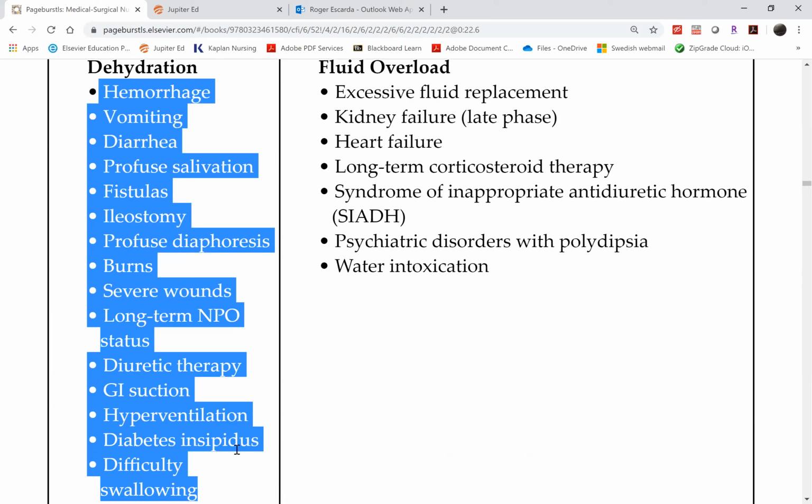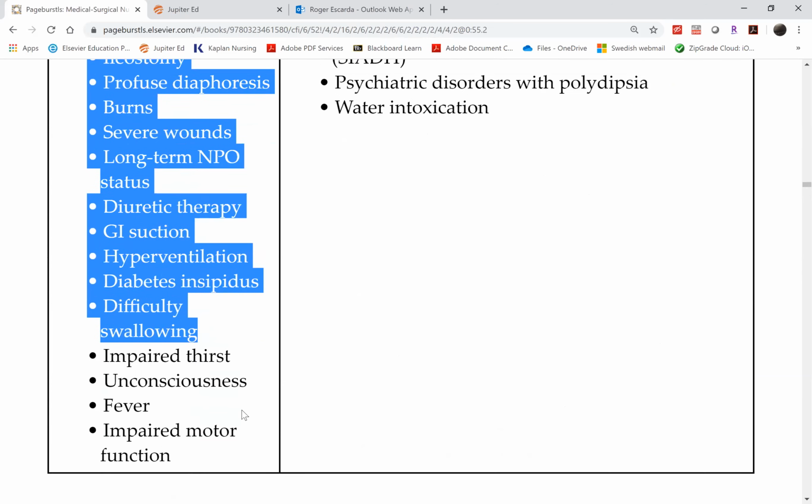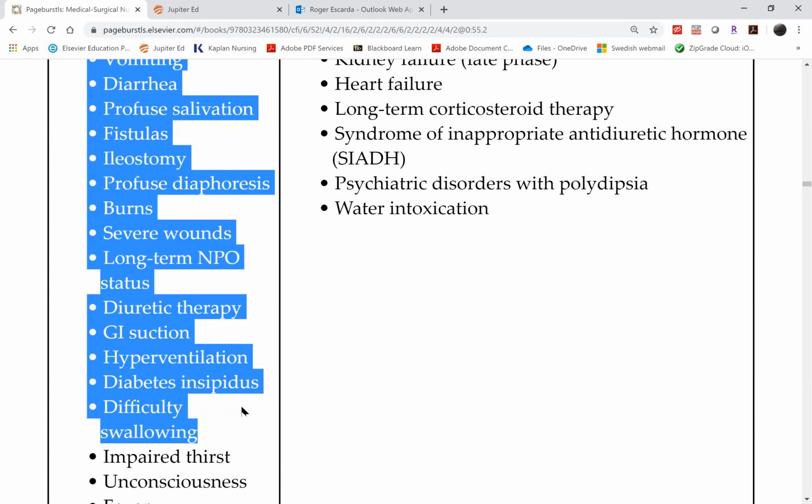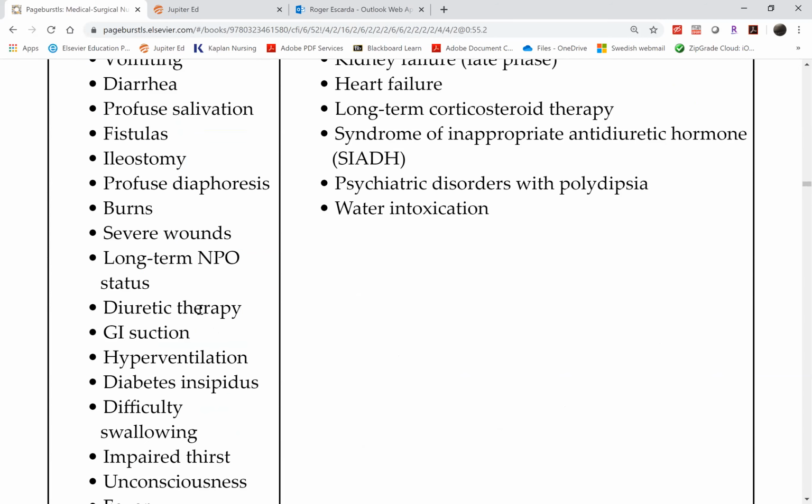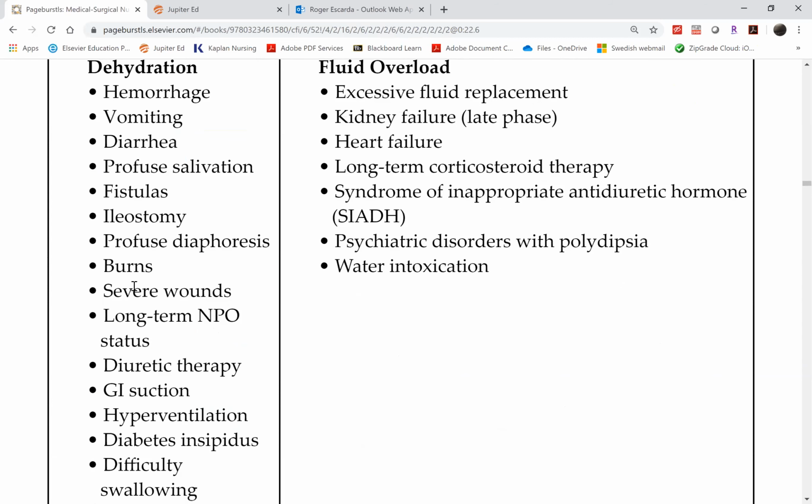diabetes insipidus again is in chapter 62. What else? Diuretic therapy is under several actually, but number 1 would be under heart failure. Burns, chapter 26.